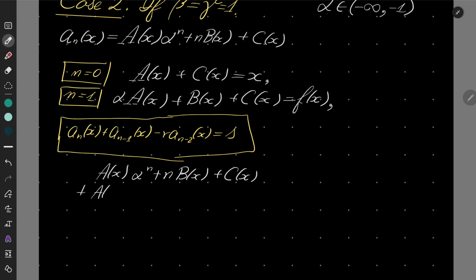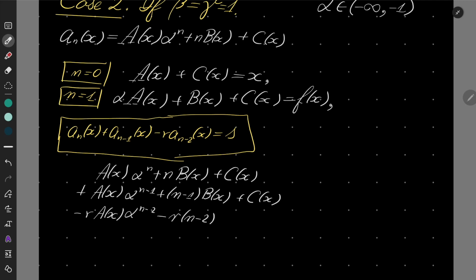So we have plus a(x) alpha to the power n minus 1 plus n minus 1 b(x) plus c(x) minus r times a(x) alpha to the power n minus 2 minus r times n minus 2 times b(x) minus r times c(x), and all of that equals s.